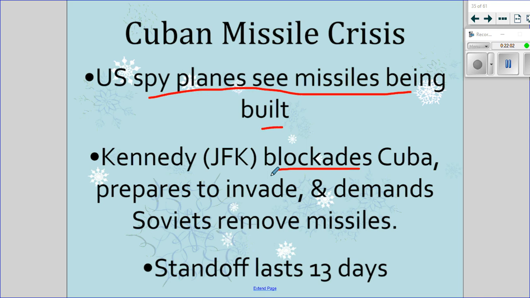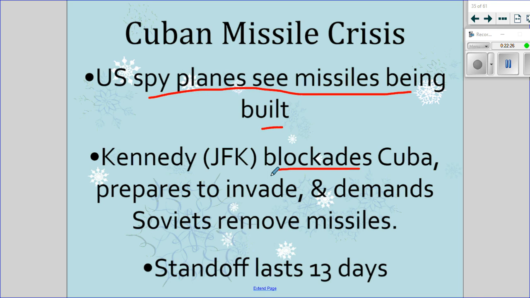So Kennedy is telling the Soviet leader, who at this point is Nikita Khrushchev, if anything happens, you and I are going to war. All right? His military advisors are eager for an invasion, but Kennedy wants to wait and negotiate with Khrushchev for the missiles to be removed. There's a tense 13-day standoff.